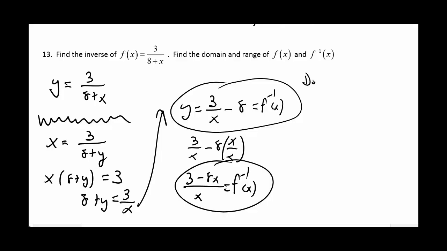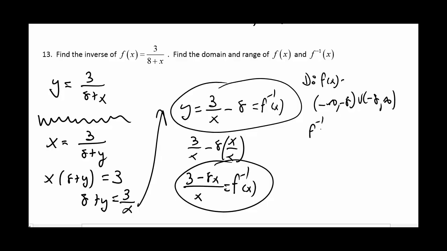Okay, domain of f of x. Okay, so on that one, I want to just look at the original function, and the only number I can kick out is -8. So negative infinity up till -8, union -8 to infinity.